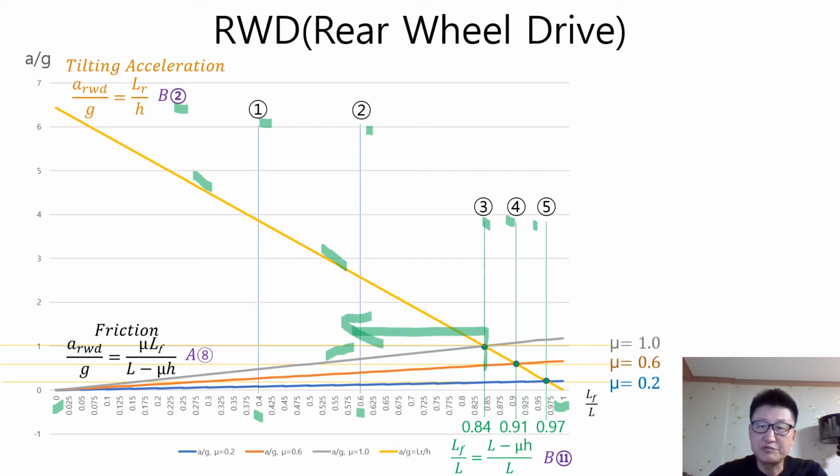But the equation 2 should be employed when the ratio is larger than 0.84 in this area, because the front wheels are lifted by tilting acceleration. The same thing happens in the case of friction coefficient 0.6 and 0.2 at this point, as shown in the graph.